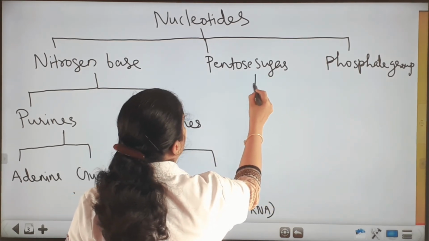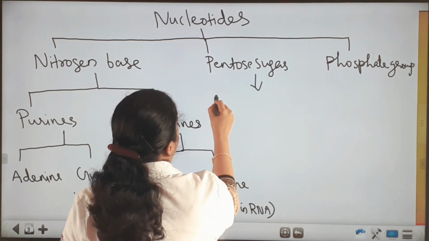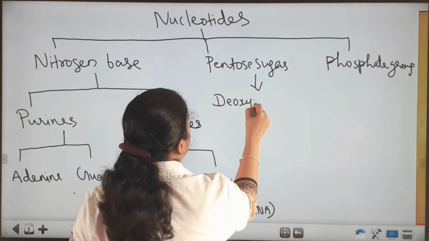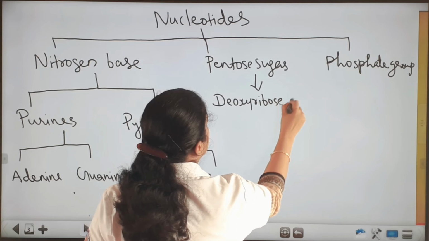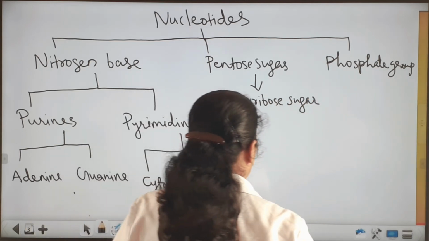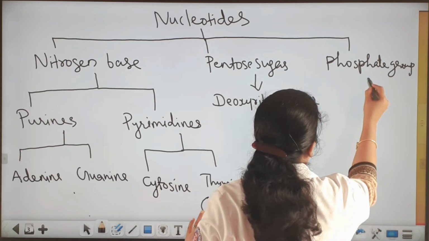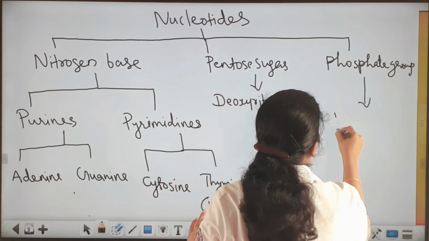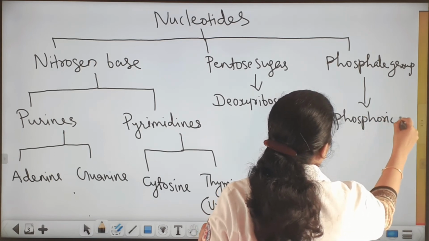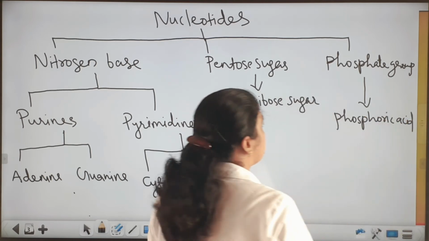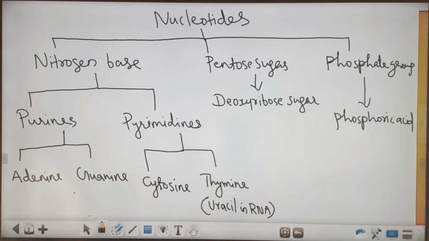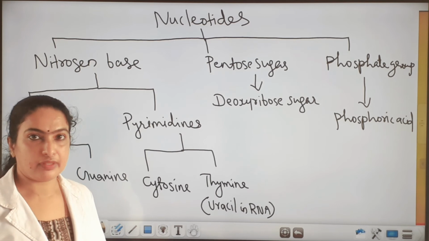Now we can see which is the pentose sugar. The pentose sugar is the deoxyribose sugar, or ribose sugar. And the phosphate group is the phosphoric acid. So these are the components of a nucleotide.